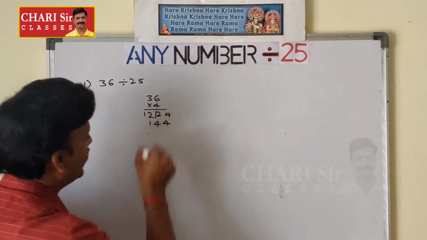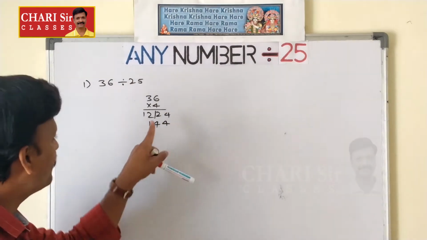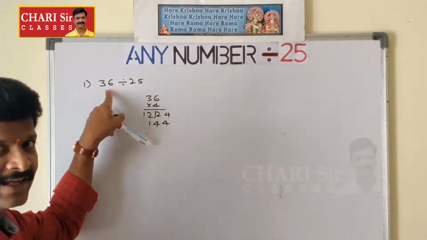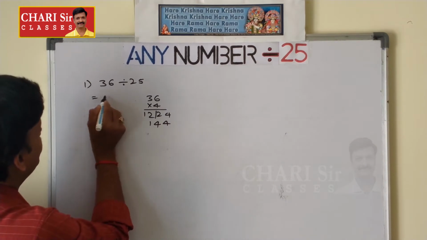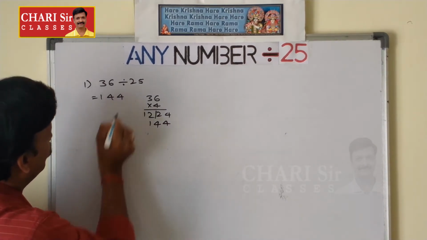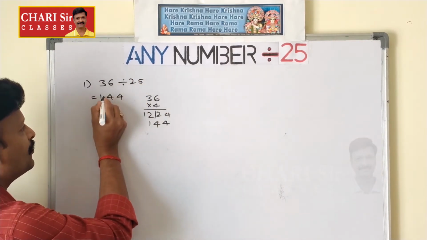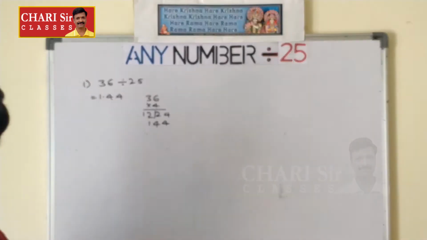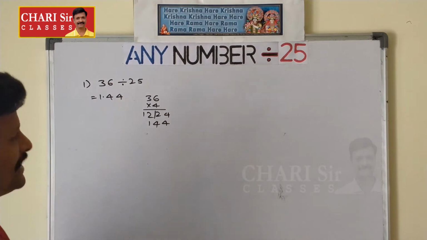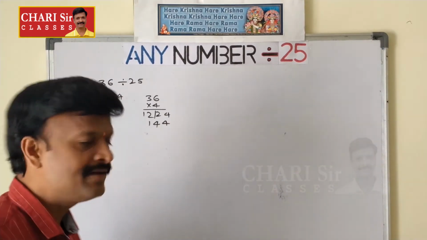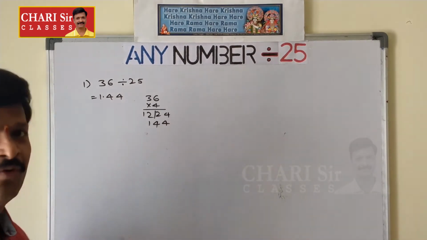It becomes 144. But 144 is not the answer. You write it as 1, 4 and 4. From the right hand side, after 2 digits you place the decimal point. This means when you divide 36 by 25, the result is 1.44.